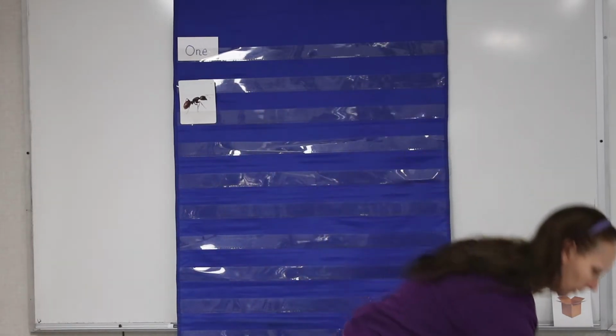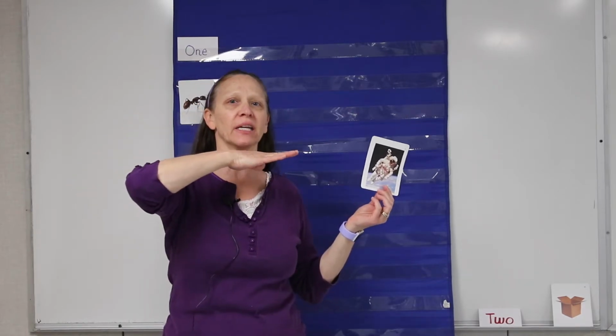We're going to sort these into how many syllables are in the word. Okay? Now, I dropped this one, but that's all right. This word, whoa, what is that? That is an astronaut. Got your hand? Put it under your chin. Here we go. Astronaut.